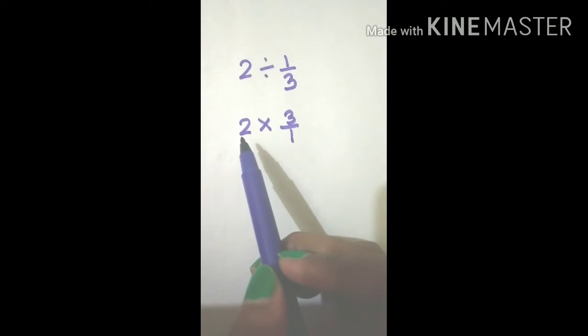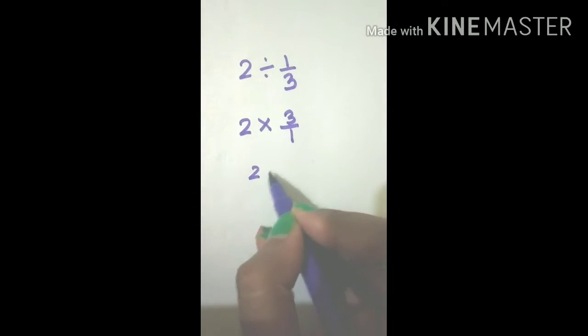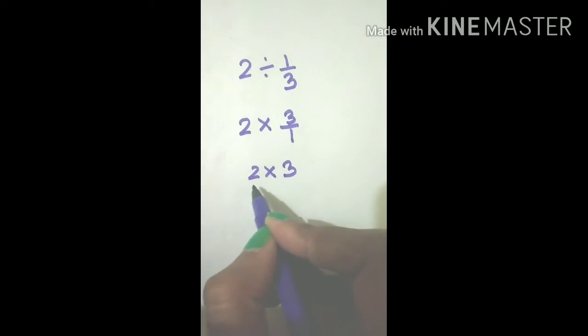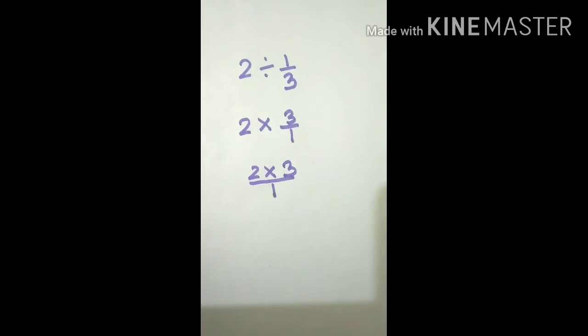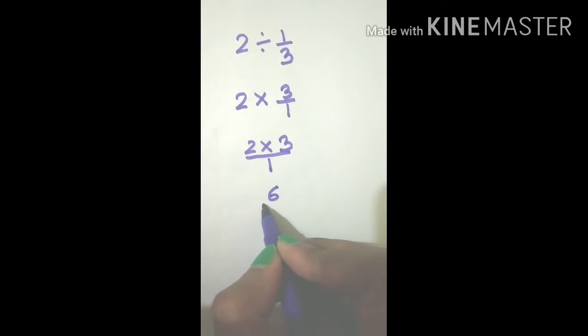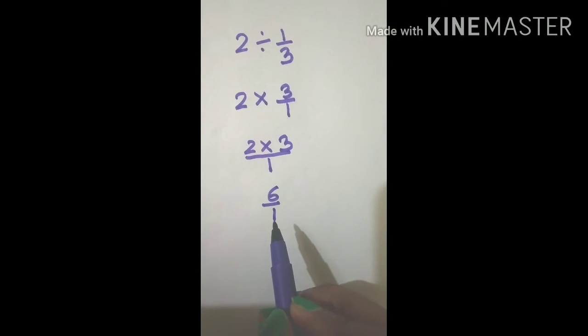Now we will multiply the whole number 2 with the numerator 3, and the denominator will remain the same, that is 1. Now 2 multiplied by 3 is 6 divided by 1. Students, if there is 1 in the denominator, we don't need to write that 1.